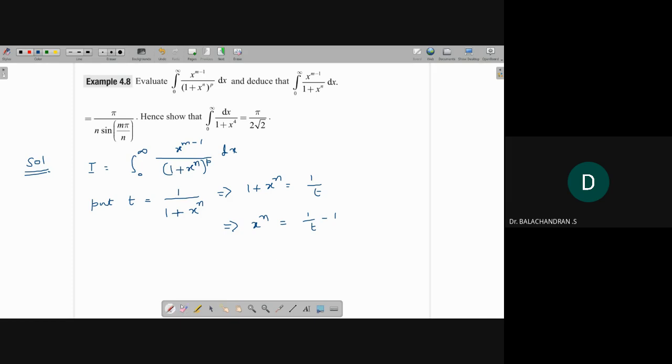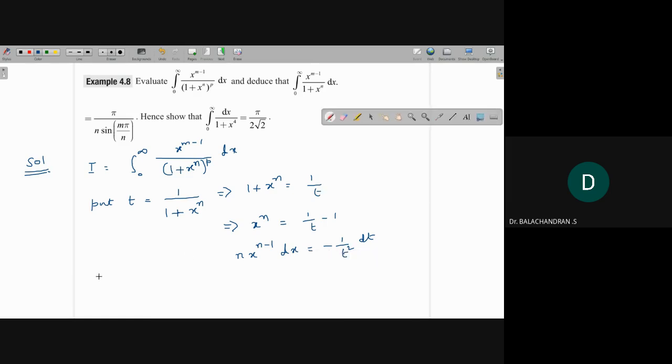Now if you differentiate with respect to x, n into x power n minus 1 into dx is equal to minus 1 by t square into dt. Now, what about the limits?